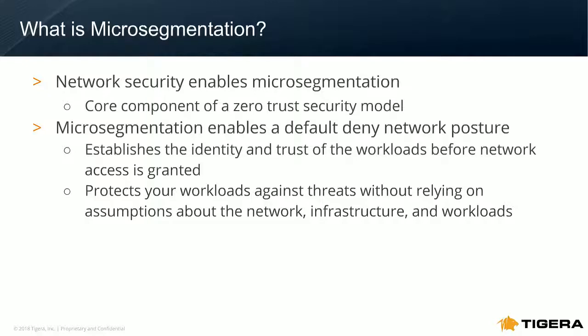So, one of the ways that you enable a zero trust environment is, again, this concept of least privilege. What should be allowed to talk to what? So it's sort of a whitelisting model versus a blacklisting model. Most people have blacklists.